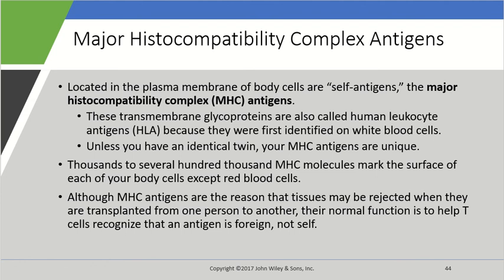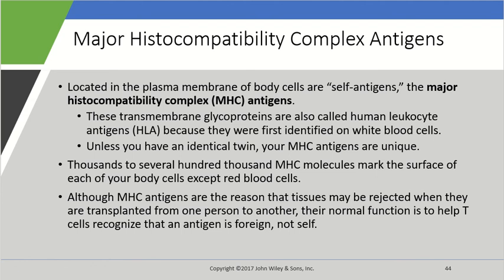However, unless you have an identical twin, your MHC antigens are going to be unique to you. I should clarify: if you have a fraternal twin, you're still going to have unique major histocompatibility complexes. They're going to be unique if you're fraternal.